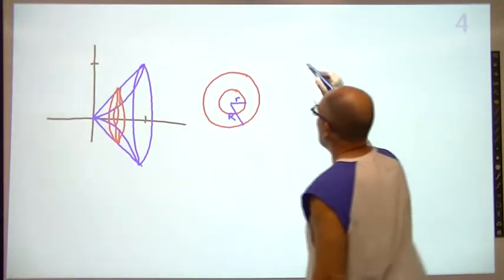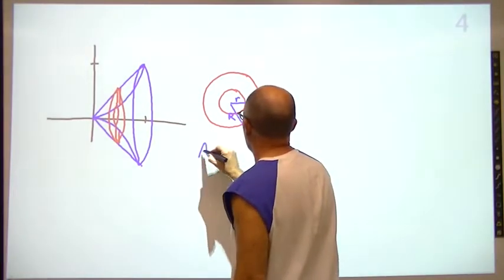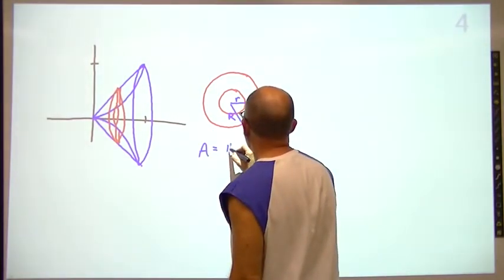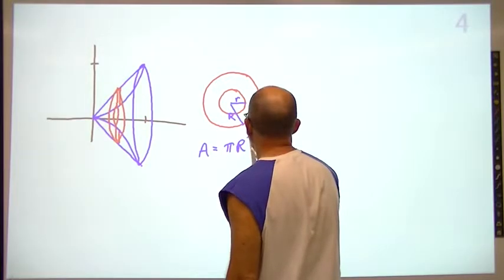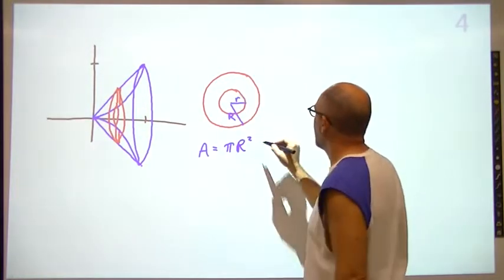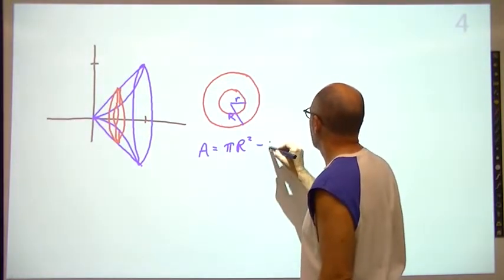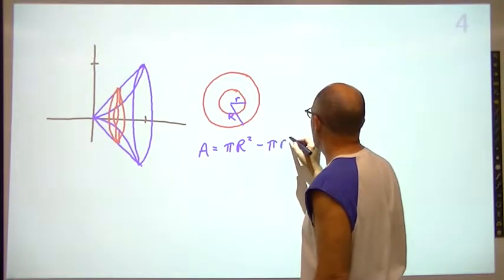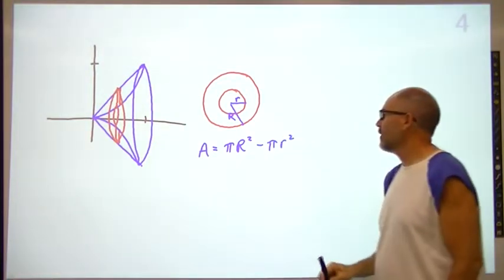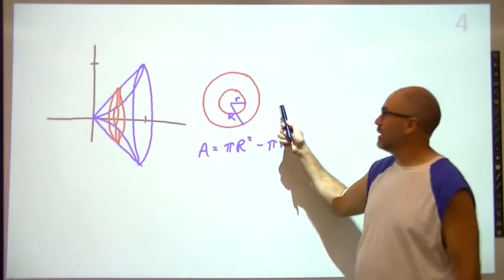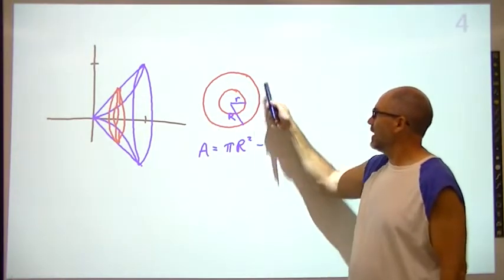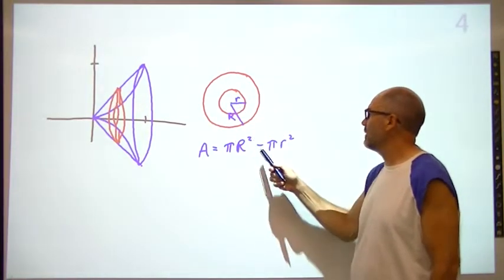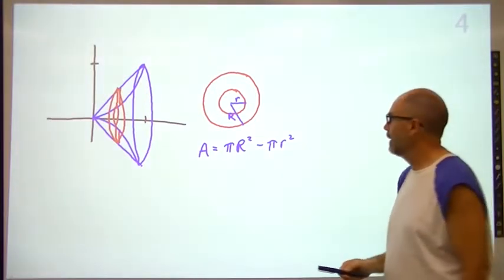Now, the area here is going to equal the area of the entire thing minus the area of the hole. In other words, it's like the donut. You measure the entire donut, and then you measure the hole, and you subtract out the hole.